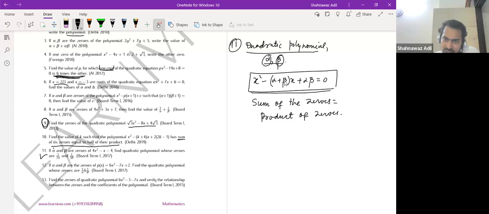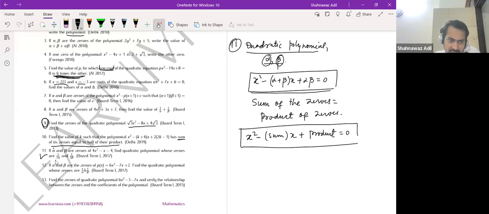So forget about this alpha and alpha into beta. The quadratic equation is sum of the zeros into x plus product. Now, Amira, tell me, for this case, we have these two zeros. So what would be the quadratic polynomial? First tell me what would be the sum of the zeros?